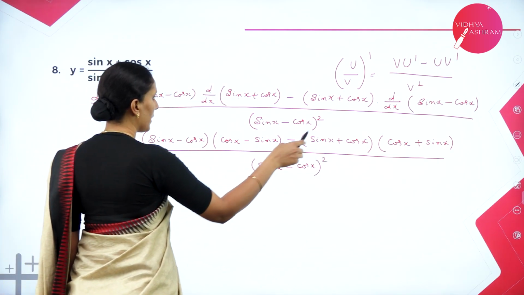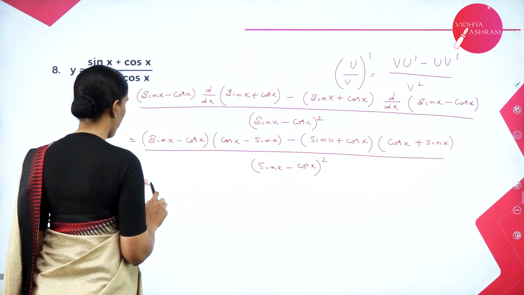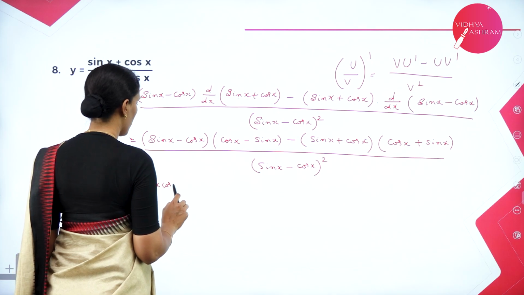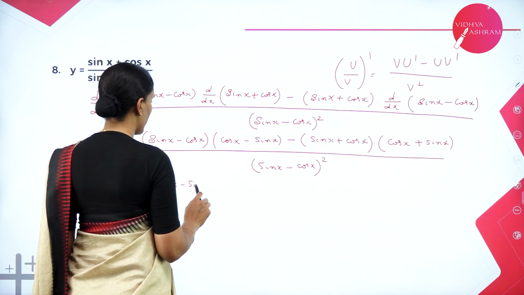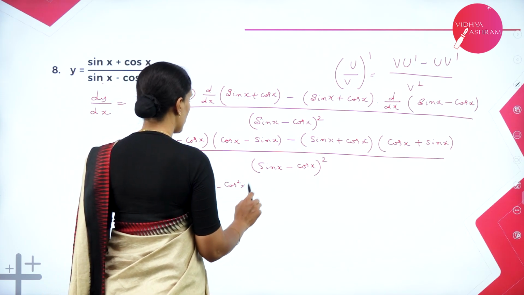So now let's multiply the terms here. We get sin x into cos x minus sin square x. So next we have minus cos square x.